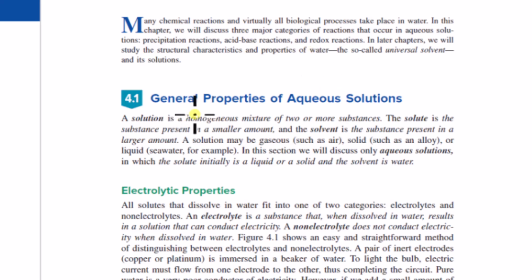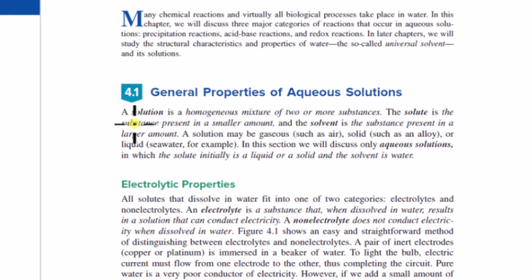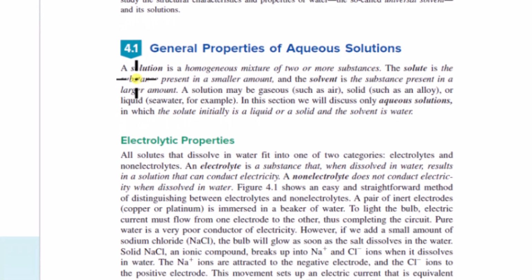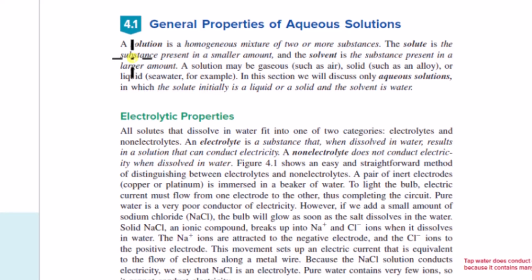Okay, so general properties of aqueous solutions. First of all, what is an aqueous solution? Well, let's remind ourselves, we learned in Chapter 1 what a solution is. A solution is a homogeneous mixture. In Chapter 1, we talked about the different ways in which matter is classified.